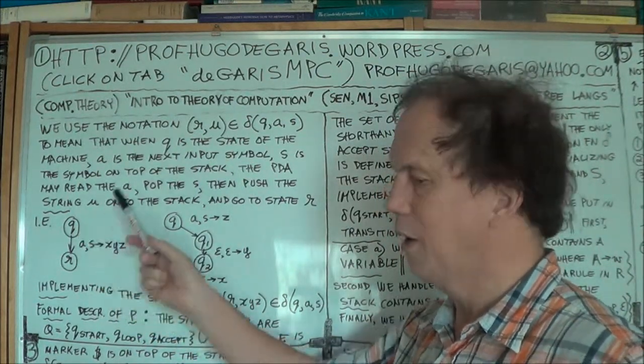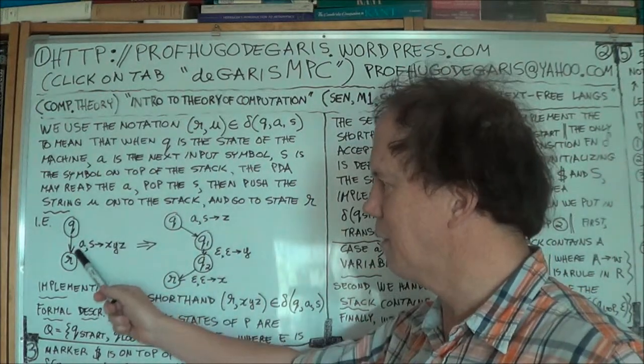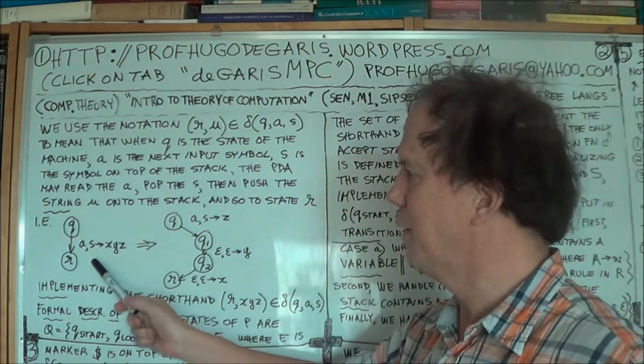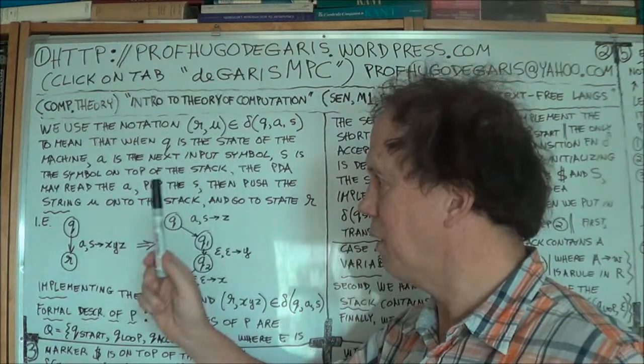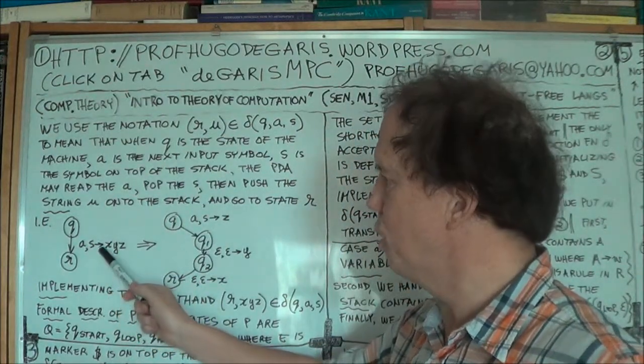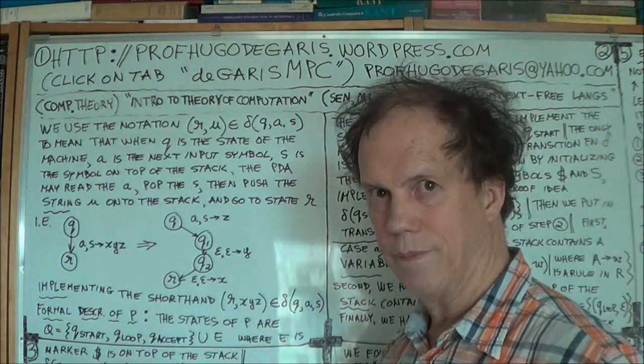Okay, so if what you're reading in the string is the symbol A, and if the top of the stack's symbol is S, then pop this S, push this string X, Y, Z, and go to state R. Okay.